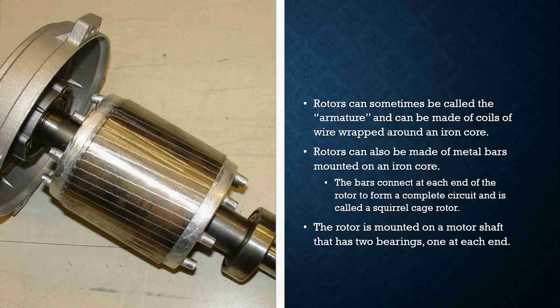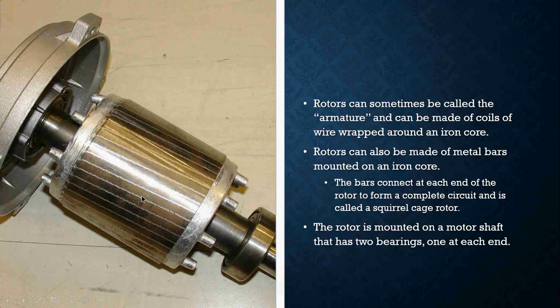The bars are connected at each end of the rotor to form a complete circuit, and that is called a squirrel cage rotor. So what we're looking at is a squirrel cage rotor. If you look right here, you can see those metal bars. Those metal bars are what is going to oppose and attract from the stator electromagnets and what makes the rotor actually spin.